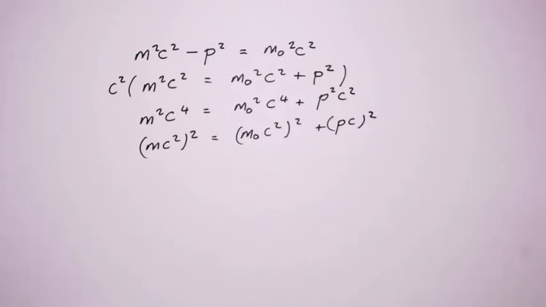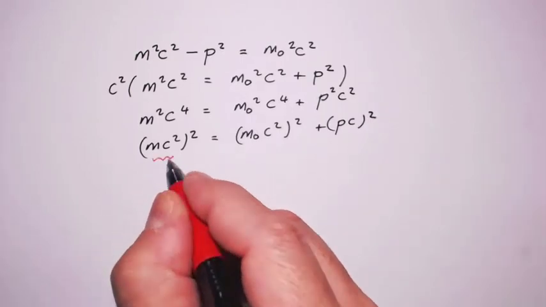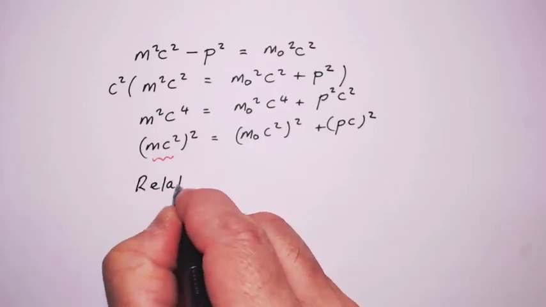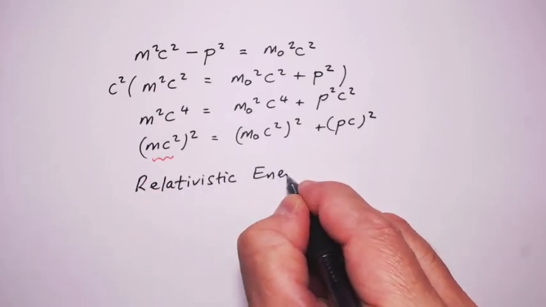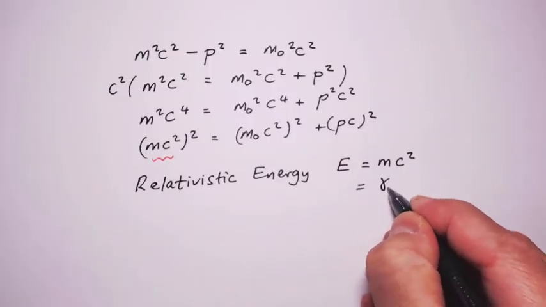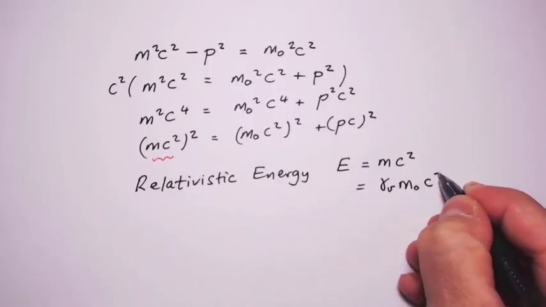Now the quantity mc^2 has the dimensions of energy. For example, classical non-relativistic kinetic energy at speeds low compared with the speed of light has dimensions of mass times speed squared. This leads to defining the relativistic energy as E = mc^2, which is equal to γ(v) m0 c^2.